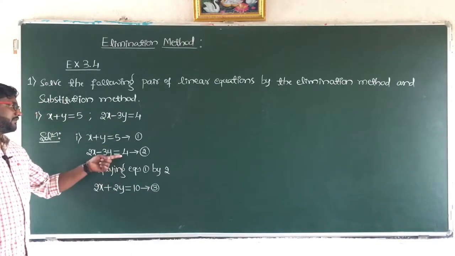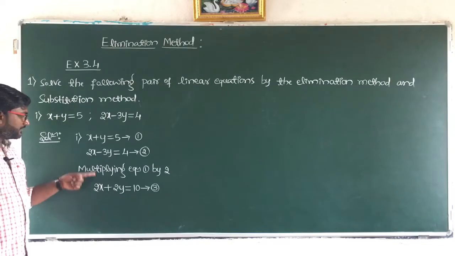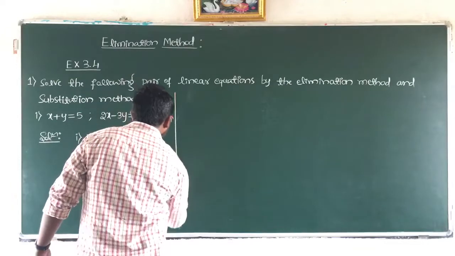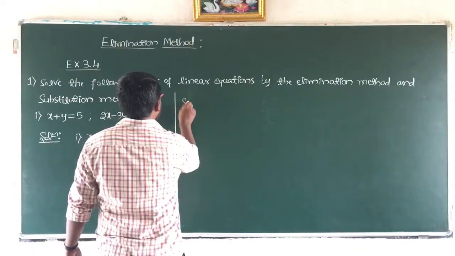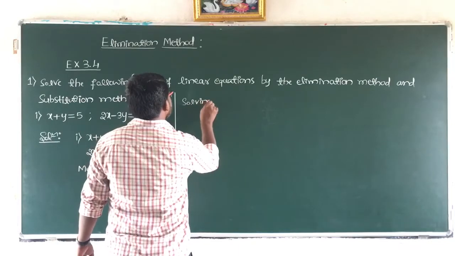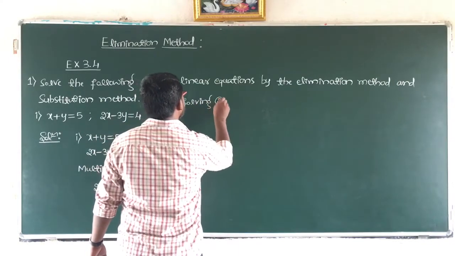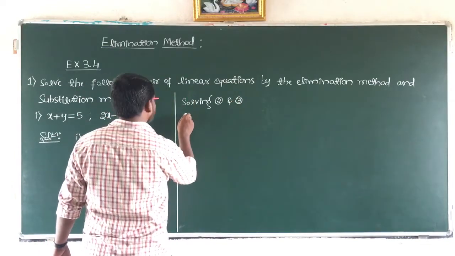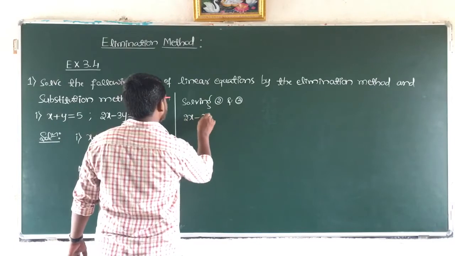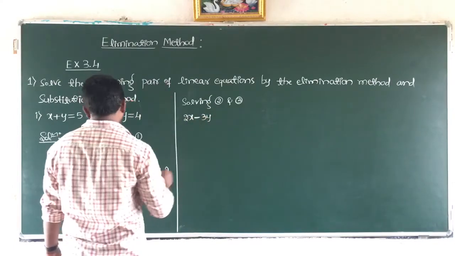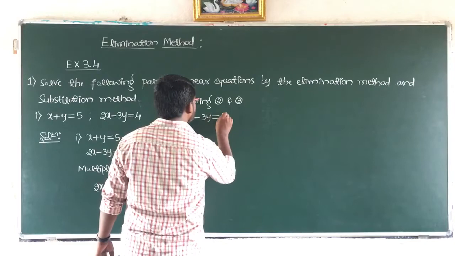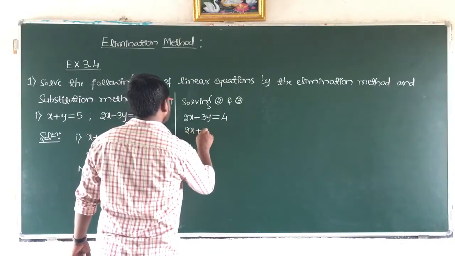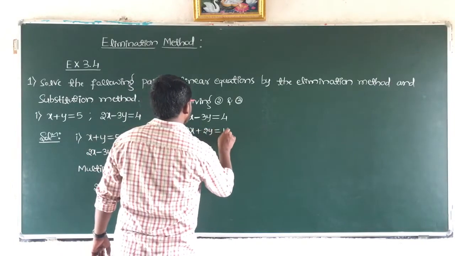Now see equation 2 and equation 3. Here we have x equal, so now we can go for eliminating the variable. Solving 2 and 3: 2x minus 3y equals 4, then 2x plus 2y equals 10.